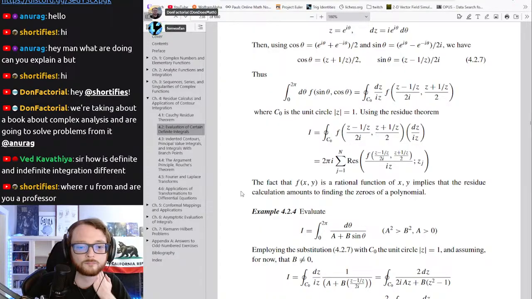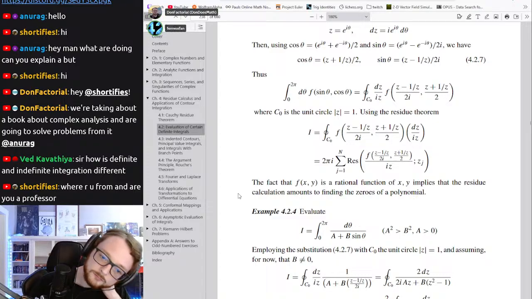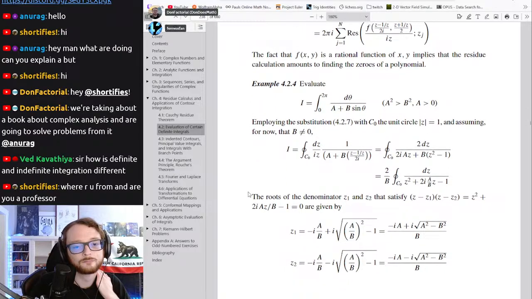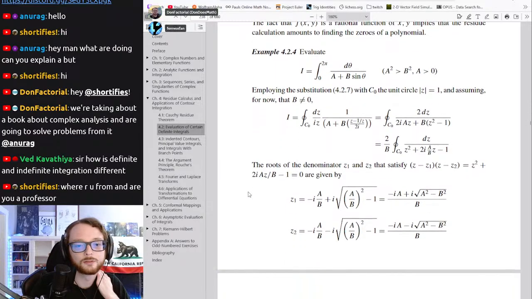I guess that's why. It'll just be poles. Yeah, they'd be poles, wouldn't they? If it's a rational function, you have to have just poles, of any finite order.